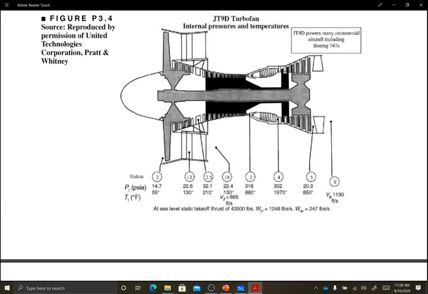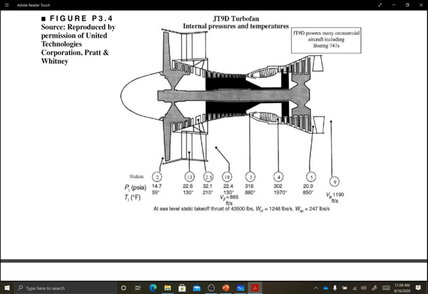So the pressure of the propeller over the pressure of the turbine? Pardon me? I think this is the efficiency of it, but say it anyways. Pressure of the propeller over the pressure of the turbine. Okay, that's the overall pressure ratio, which means that you want to calculate PT3 over PT2.